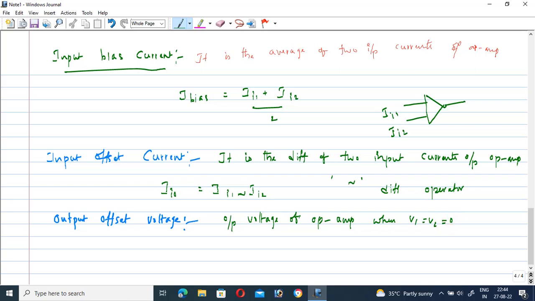So when the input voltages V1 and V2 are equal to 0, whatever output voltage is present at the op amp, that output voltage is generally called the offset voltage.